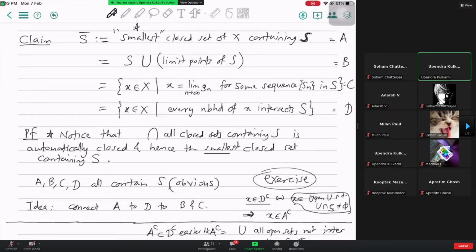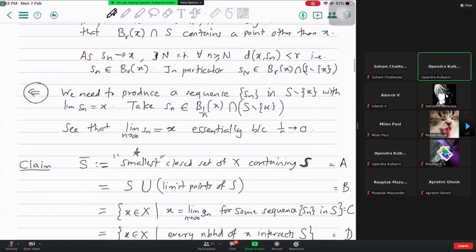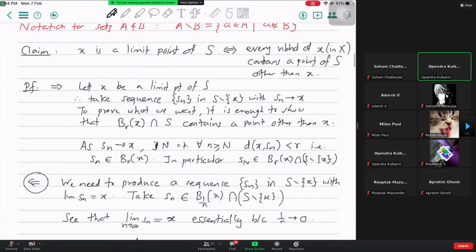Now, every neighborhood of X intersects S is the same thing as B and C. Shall we do this? This should also not be difficult, in view of the claim that we have proved. Remember the claim?